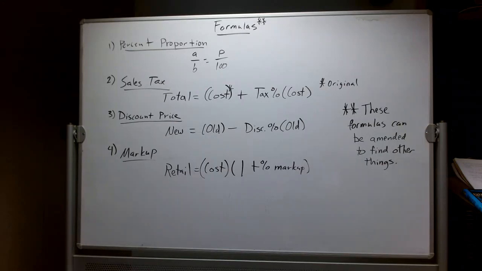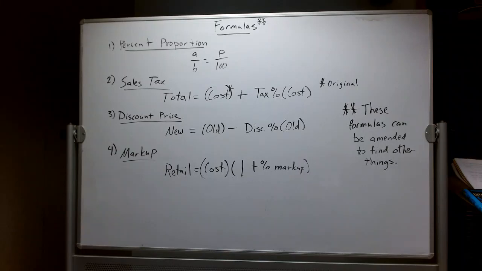So a lot of finding original price. 7, you got some markup. In fact, on 7, you're finding the percent of markup. 8 is the one that we just looked at. Okay. And then 9, wholesale price has a markup of 315%. What's the retail? Then 10, store buys a part for 43, sells it for 115. What's the percent markup?